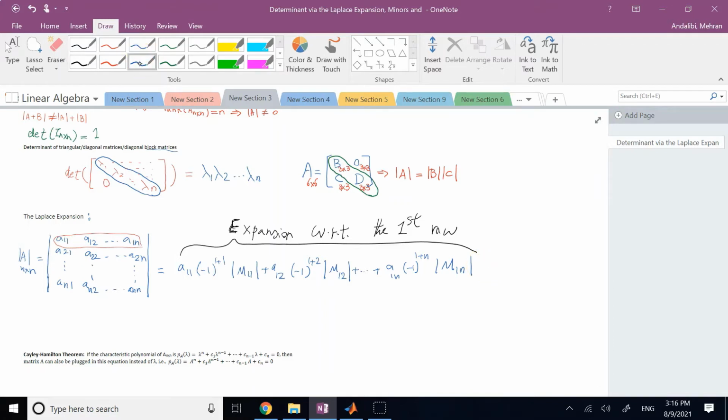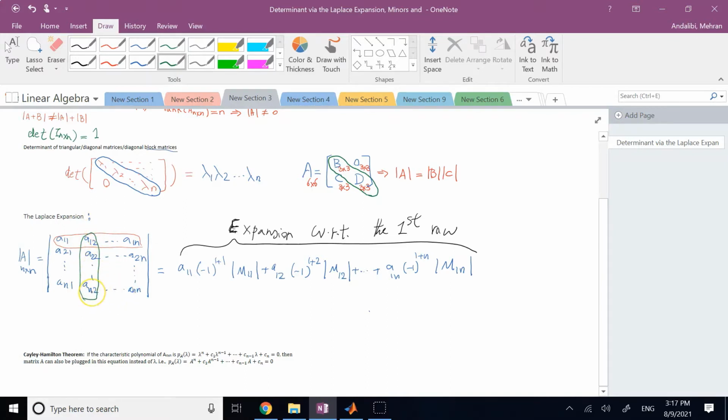So this was the first row. Now, let's say for example the second column. The second column is this, correct? The elements are A12, A22 all the way to AN2.